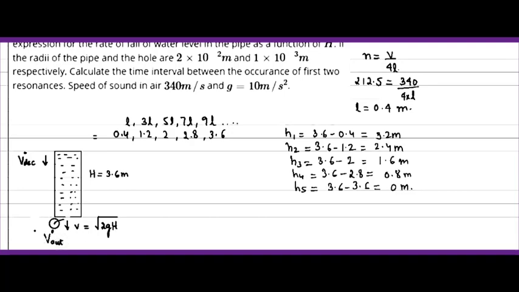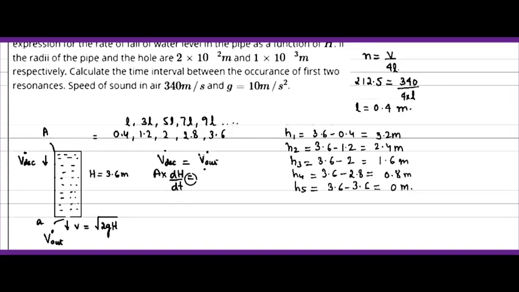Now let us assume that this hole has a small area a and this pipe has area capital A. Now we know the radius of both, so we can equate the decrease in volume flow rate to the volume flow rate which is out. So this decrease in volume flow rate is simply A into dH divided by dt.